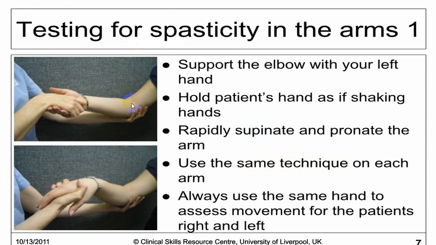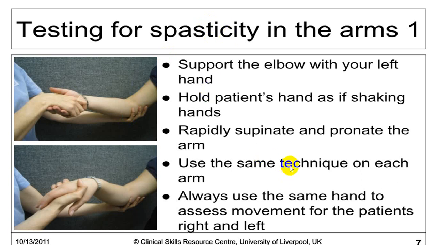So for testing for spasticity, you hold the patient's hand and then do flexion and extension. Rapid supination and pronation at elbow, and you will be able to find out whether there is any spasticity or not.